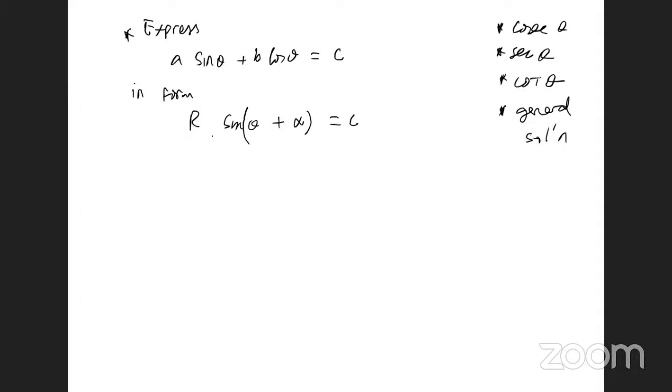But to do it, we need to remember one rule from Form 5: sine of theta plus alpha is sine theta cos alpha plus sine alpha cos theta. We're going to use that to help us work everything out. Okay? So here's how we do it.